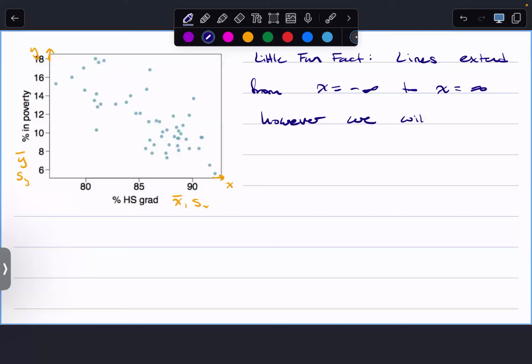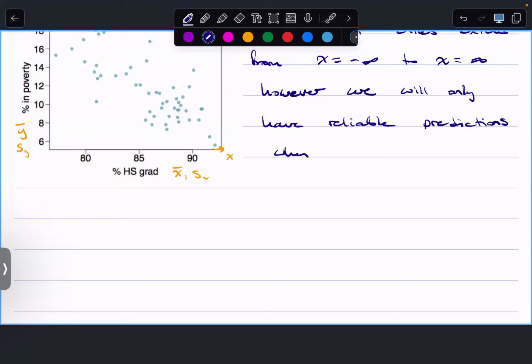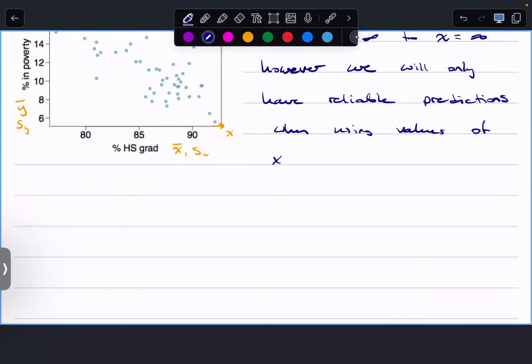We will only have reliable, and I said estimates, but I'll call them predictions, and they're the same, we will only have reliable predictions when using values of X in the range of the data that we used to build the line.